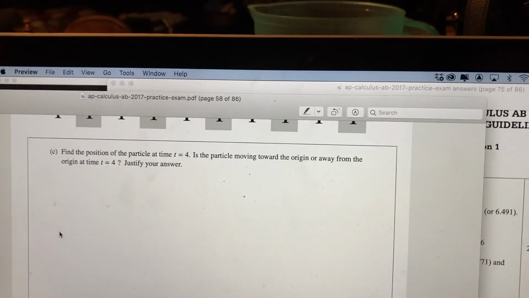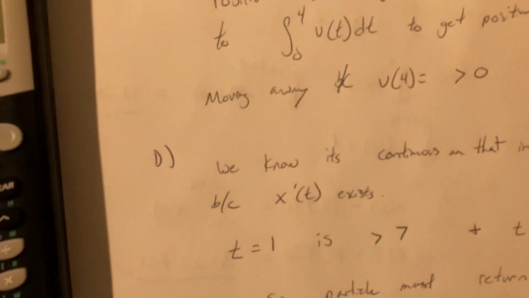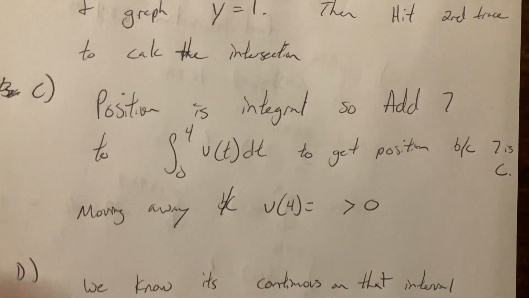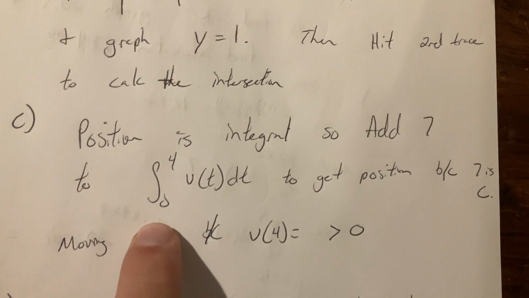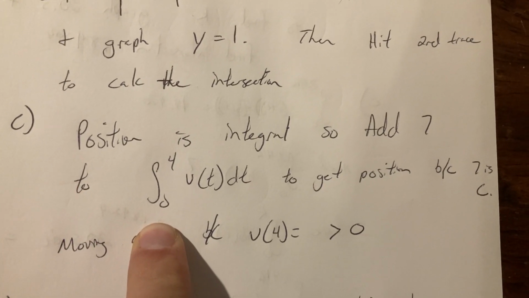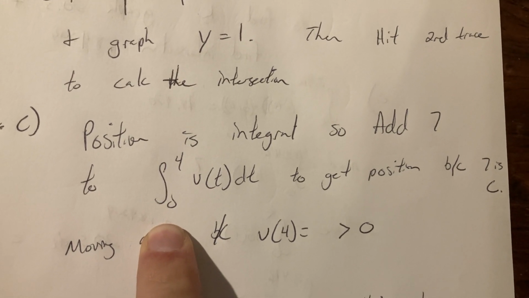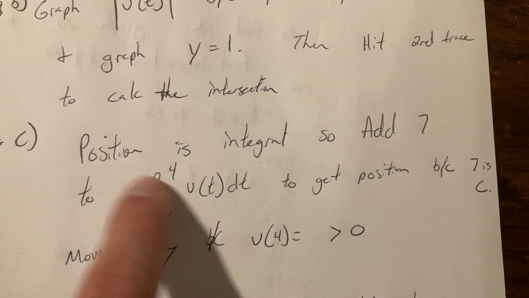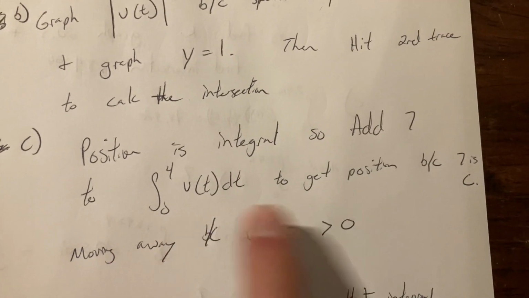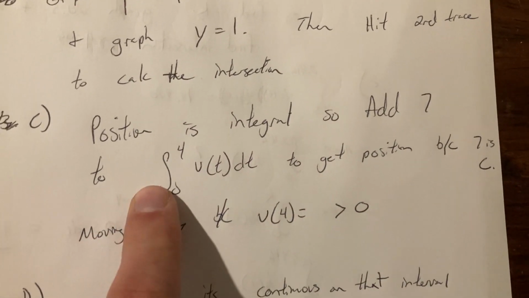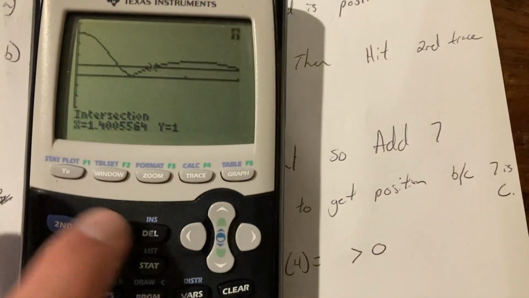Okay, so right here, position is the integral, so we're going to add 7 to our integral at t equal 4. So we're finding the position of the particle at this time. We find the integral of this, but we have to add 7 because it's basically the c. So we do that right here on the calculator.